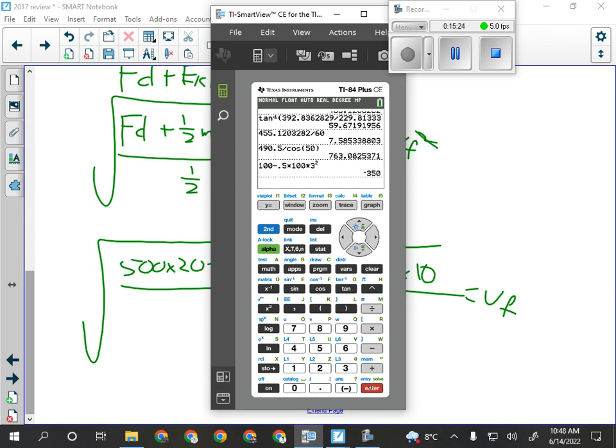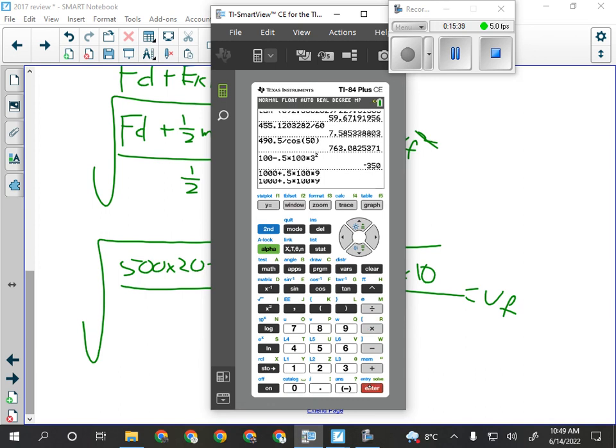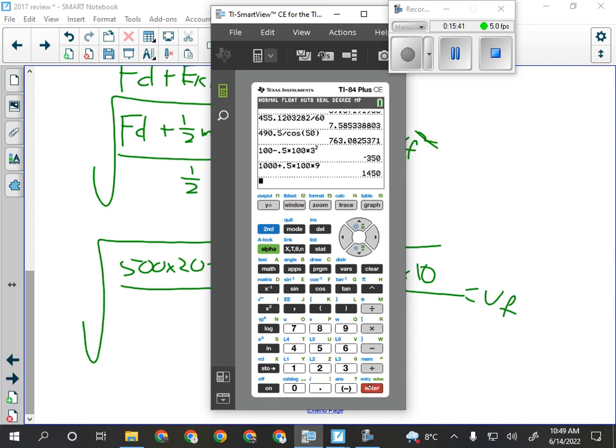I put in 1,000, and I put in minus when I should have put in plus. Plus 0.5 times 100 times 9. A shortcut. Okay, so there's my initial energy plus my work. So that's essentially my final. Okay, and then I'm going to subtract from that 100 times 9.81 times 10.